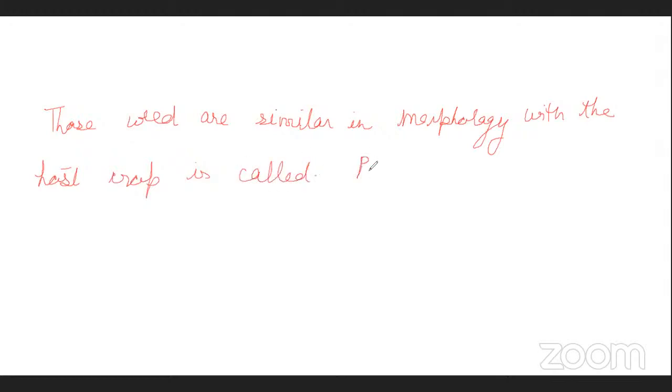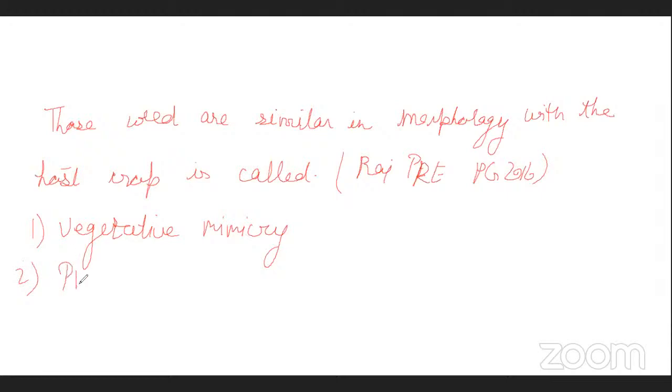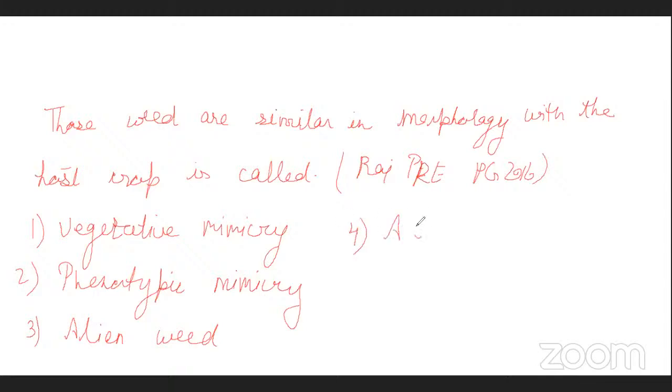This question is again from Rajasthan pre PG 2016, and the options are vegetative mimicry, phenotypic mimicry, alien weeds, A and B both.